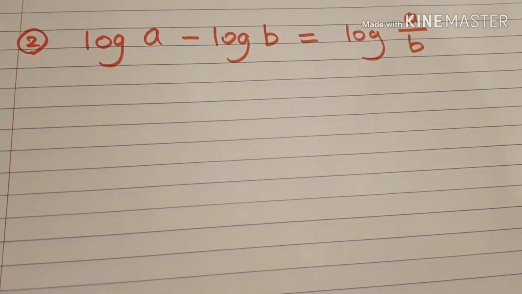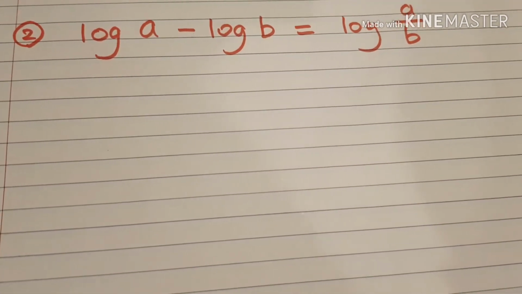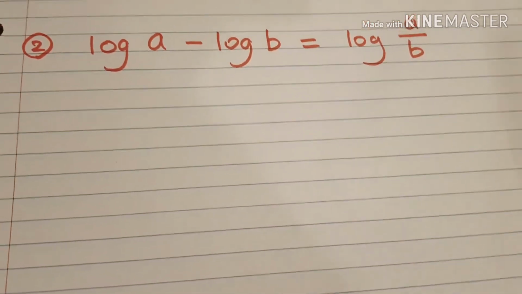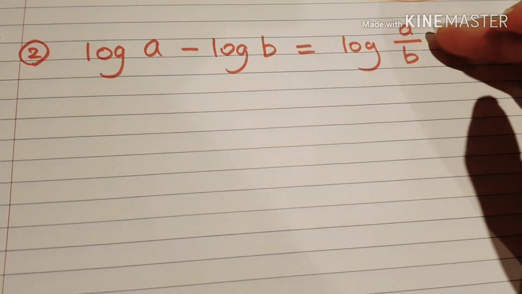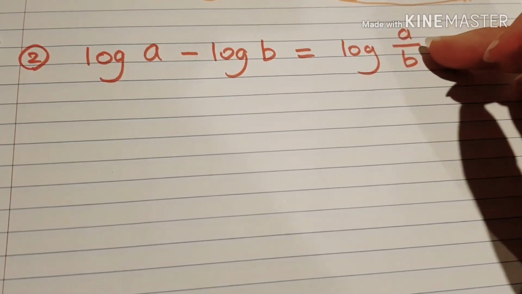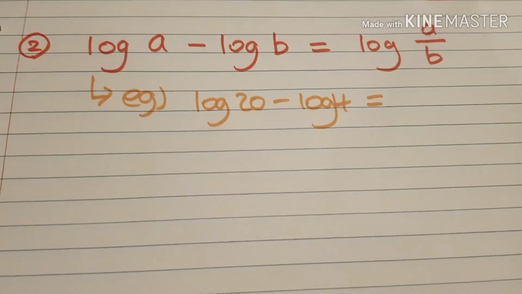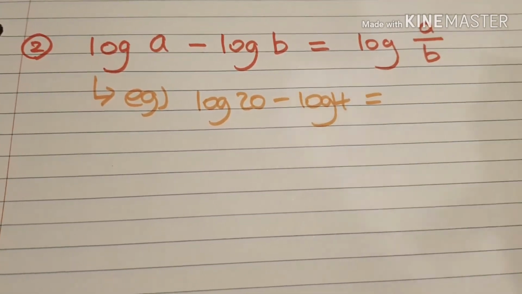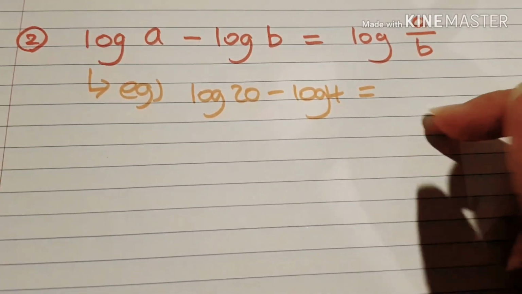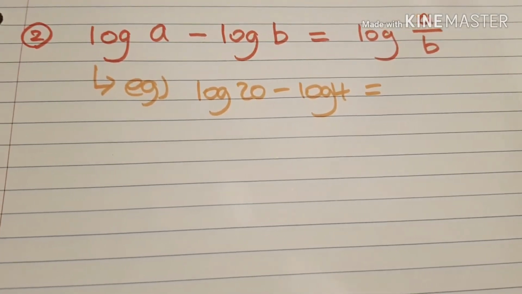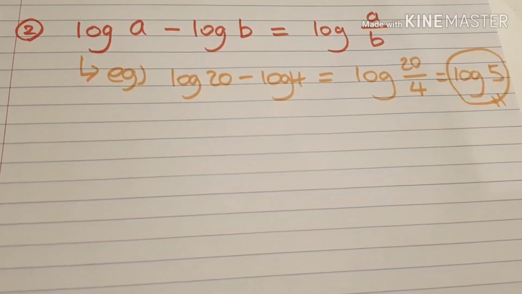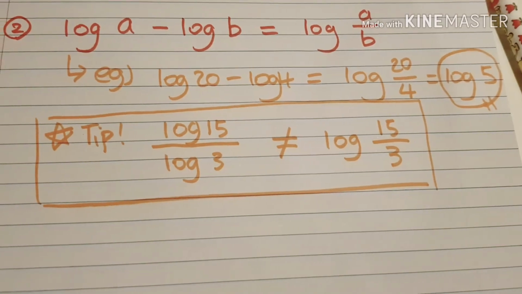The second rule for the logarithm: if you're subtracting with the same base, log a minus log b, then we divide the first one by the second one, so a over b. This is pretty easy. Log 20 minus log 4, same base, so I'm dividing 20 by 4, and you should end up with log 5.